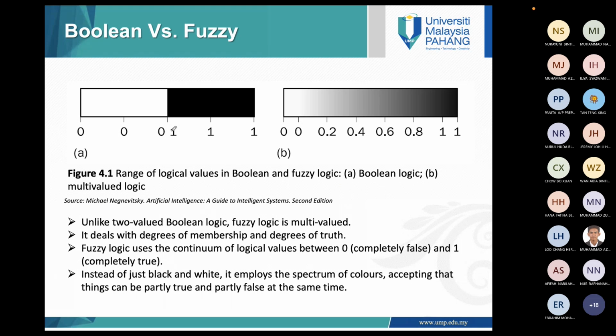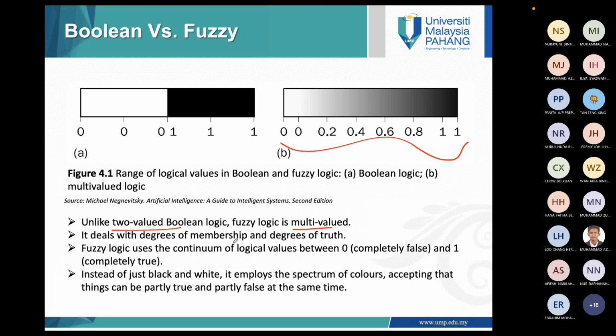So the differences: for Boolean set theory, the range of logical values is 0 or 1. It's either 0 or 1, that's it, only two values. And for fuzzy, it is multi-value. Multi-value means it can be any number between 0 and 1.